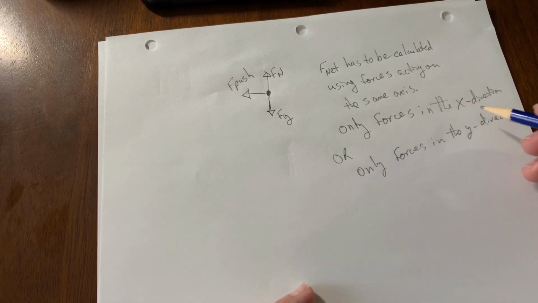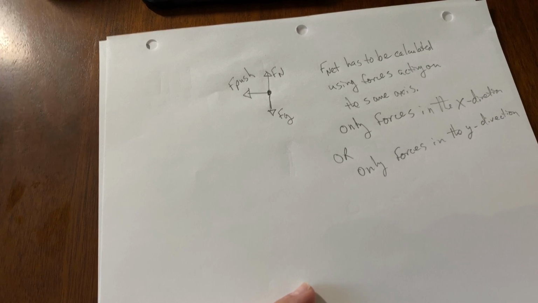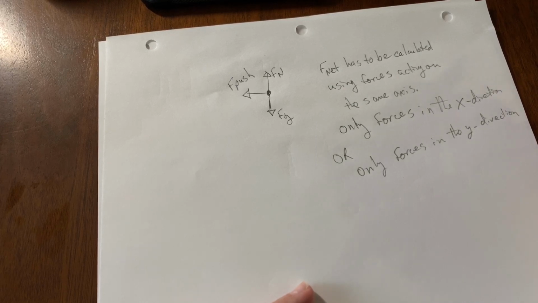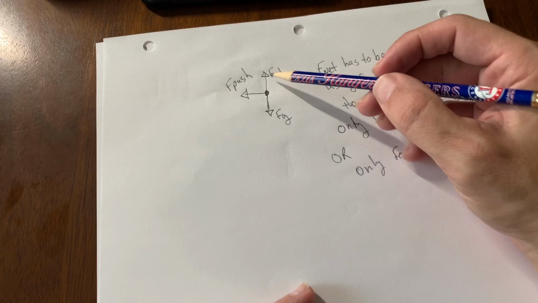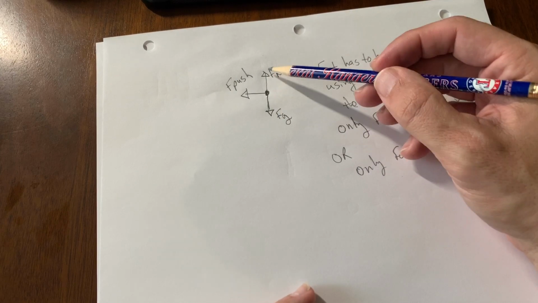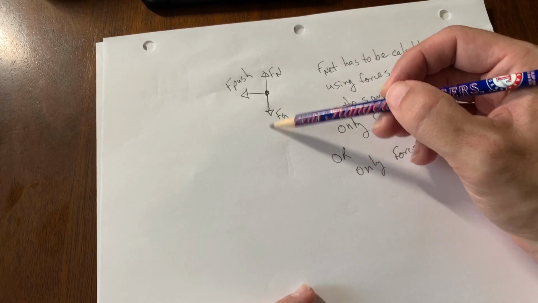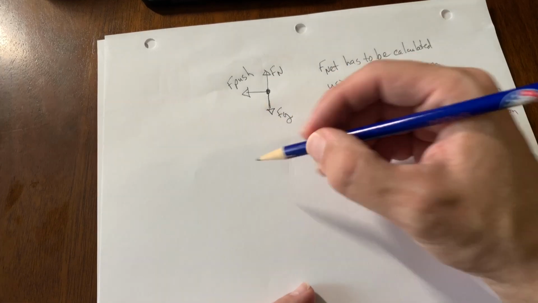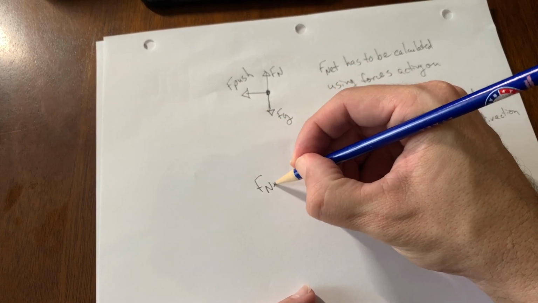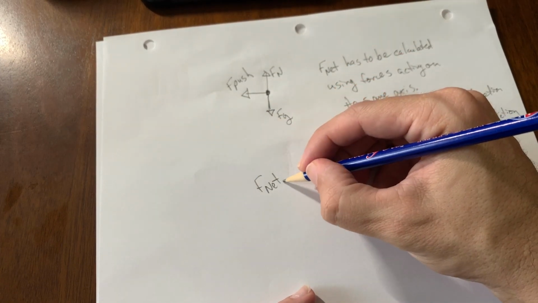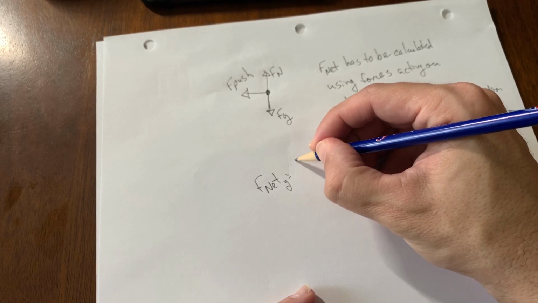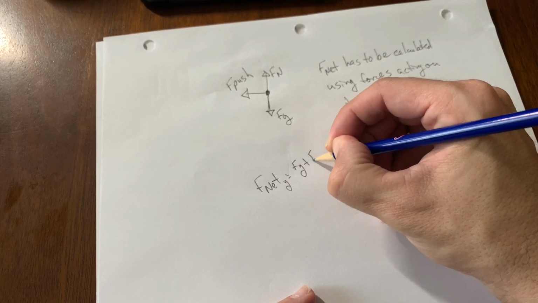Now, with more advanced physics, we can actually combine the two by using the Pythagorean theorem and some of our angle rules, but we're gonna try to stay away from that, except maybe at a conceptual level. The bottom line is, I can only add these two because they're in the same axis, the y direction. So the net force in the y direction is equal to the force of gravity plus the normal force.